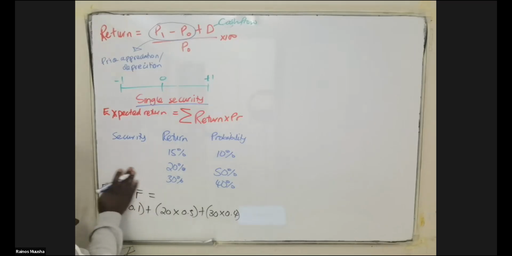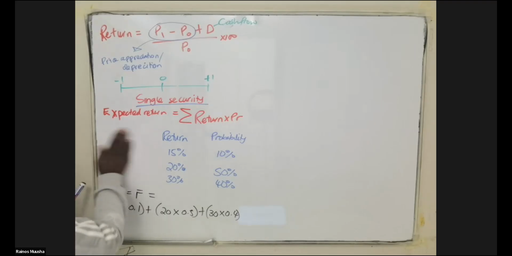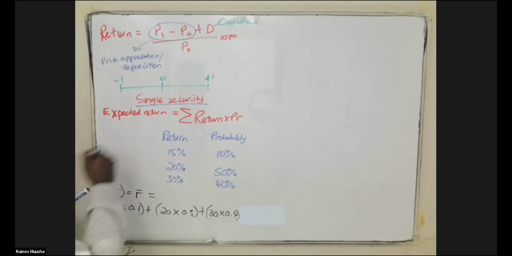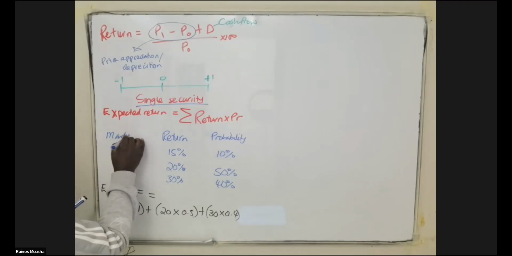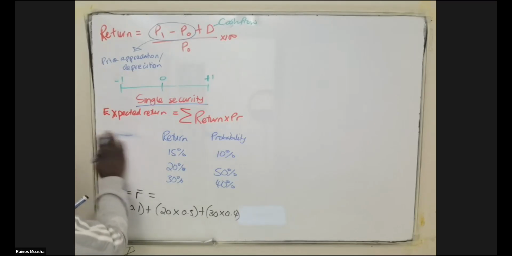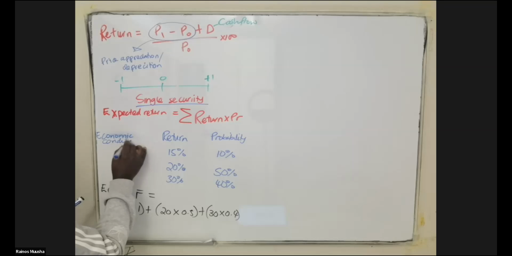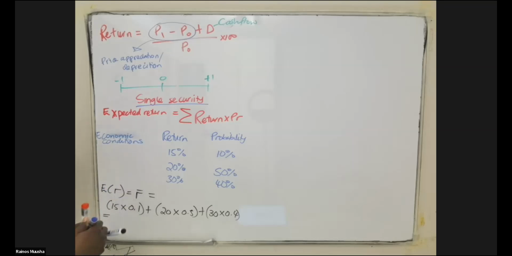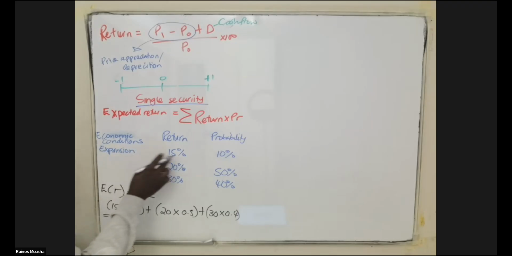Sorry, instead of saying A, B, and C, this is wrong. We can put it as market conditions, economic conditions. If there's going to be an expansionary economic condition, we're expecting a return of 15% from our security.